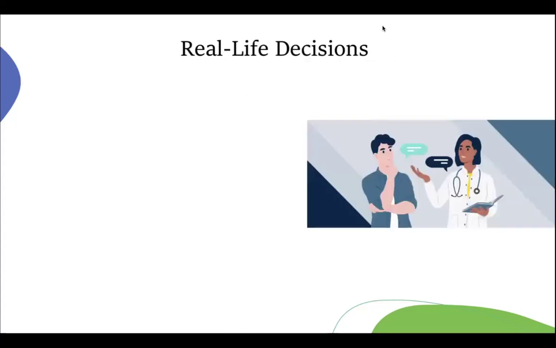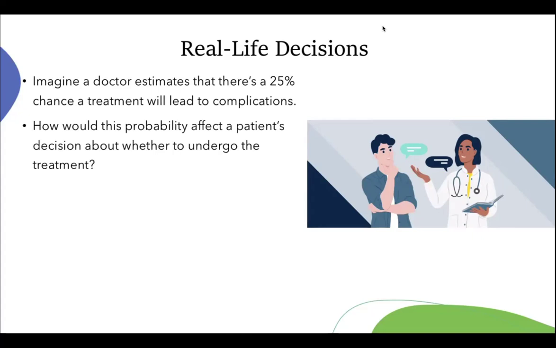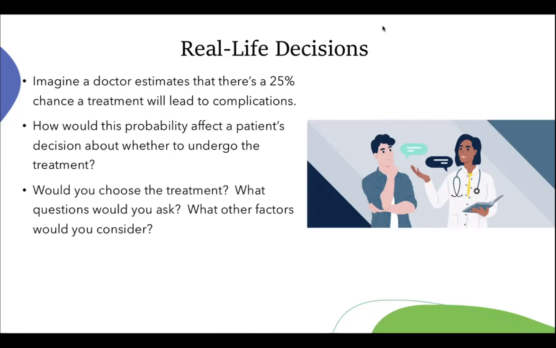Okay, so real life decisions. Let's put the importance of probability in an important context. Imagine a doctor estimates that there's a 25% chance a treatment will lead to complications. How would this probability affect a patient's decision about whether to undergo the treatment? Would you choose the treatment? What questions would you ask?